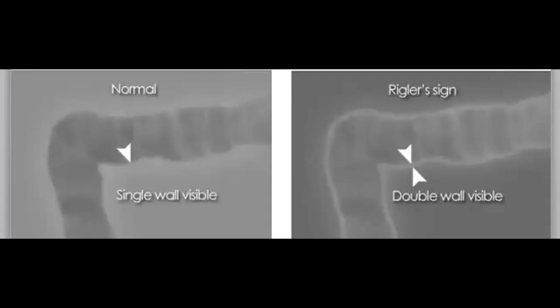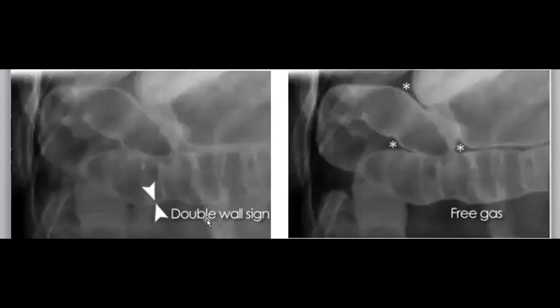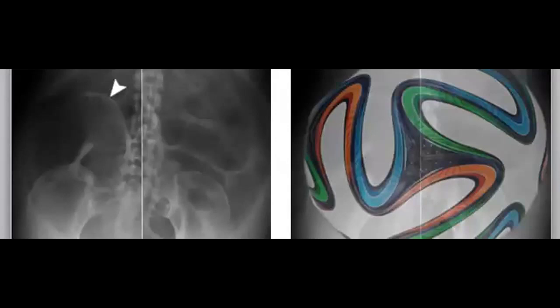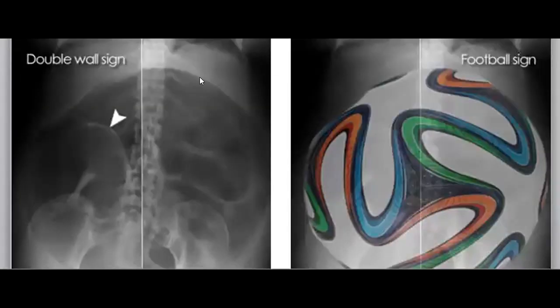Okay. So here, double wall sign, so there is free gas. And here it is much easier to detect what is called the football sign, as you see.